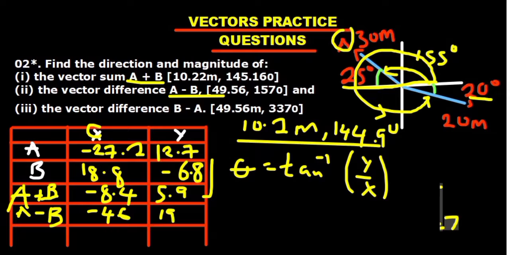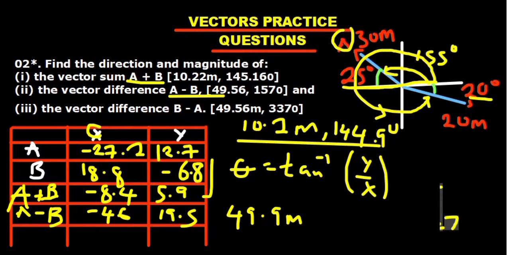Okay, so I won't show it for now. We already know how to find the magnitude. So it will just be x squared plus y squared in the square root. So we have 46 squared plus 19.5 squared. The square root of that, we have 49.9. So our vector here is 49.9 meters.